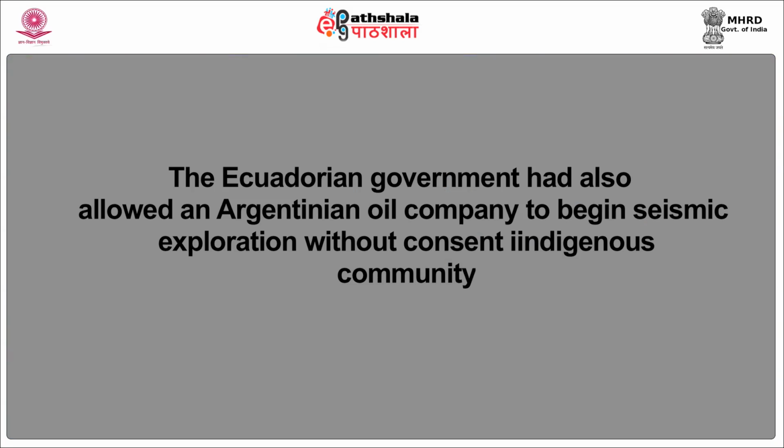In Pueblo Indigenous Quichua de Sarayaku versus Ecuador, the Inter-American Court of Human Rights had to determine if the state of Ecuador had violated the rights of the Sarayaku indigenous community by entering and exploring its lands without permission. The government had also allowed an Argentinian oil company to begin seismic exploration without the consent of the indigenous community.